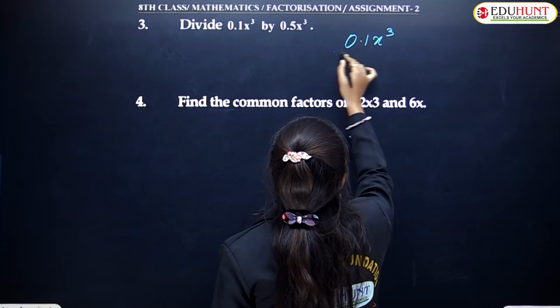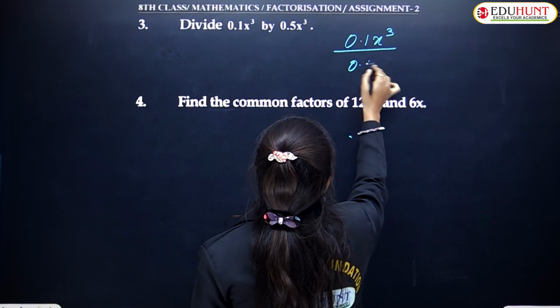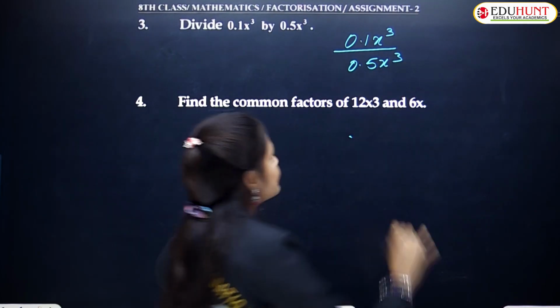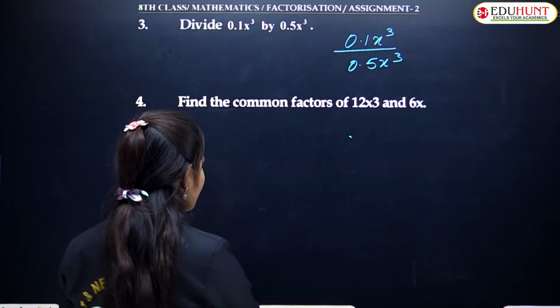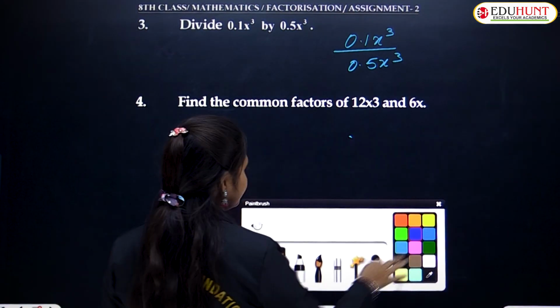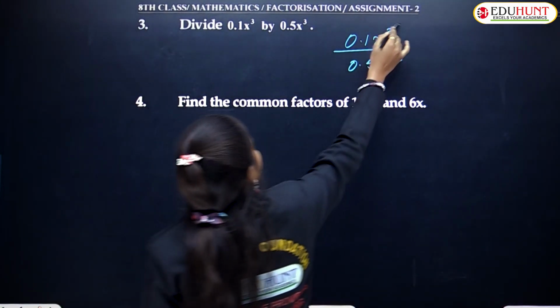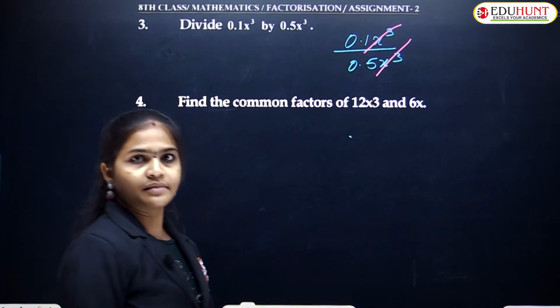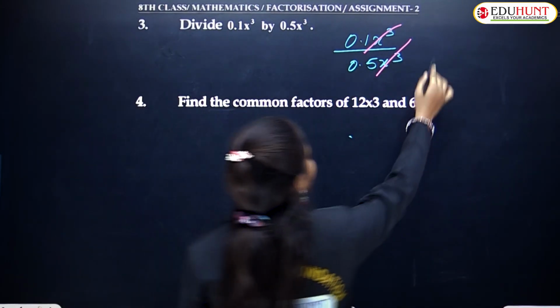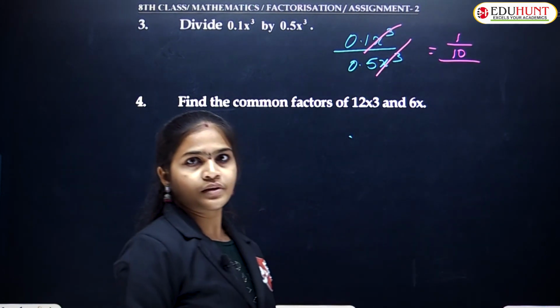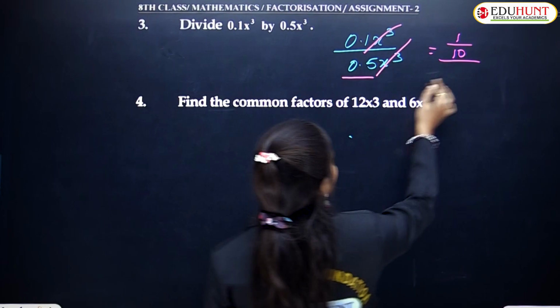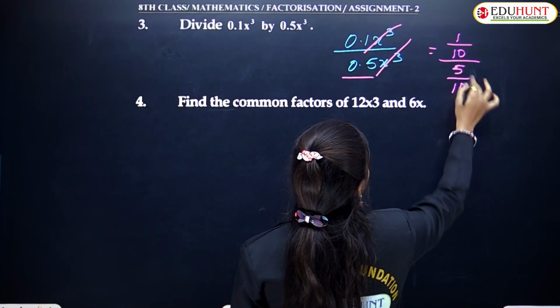Divide 0.1 x cube by 0.5 x cube. Here x cube and x cube get cancelled. What is left is 0.1, which we can write as 1 by 10, and in the denominator 0.5, which is 5 by 10.